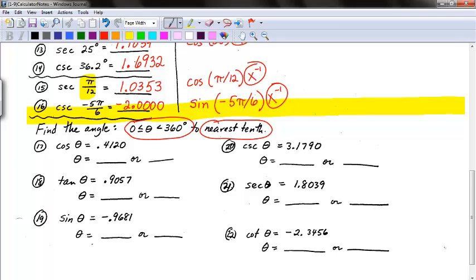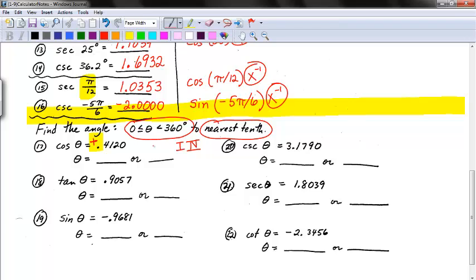What controls your answers, and if you have a highlighter or at least circle it, is you look in front and say it's positive. If this is positive, then you have to look at cosine is positive in what 2 quadrants? 1 and 4. Okay, so my 2 answers have to be 1 in quadrant 1, 1 in quadrant 4.